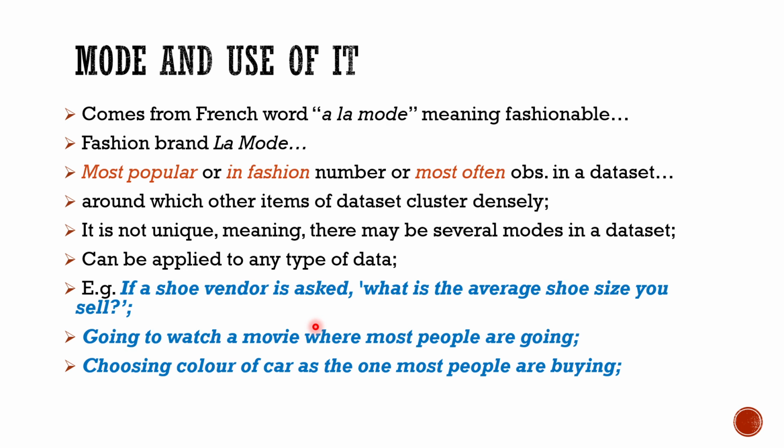So mode is the value which occurs most frequently in a set of observations. Simply put, it is the number which is repeated most, the number with the highest frequency. In the field of statistics, it is an important tool to interpret the data in a relevant manner.